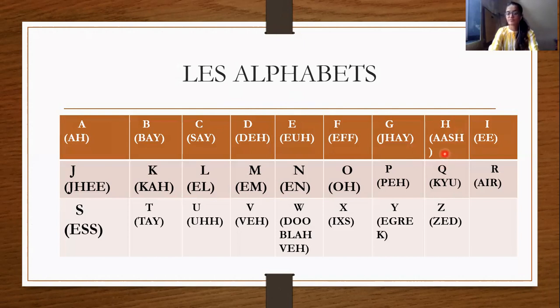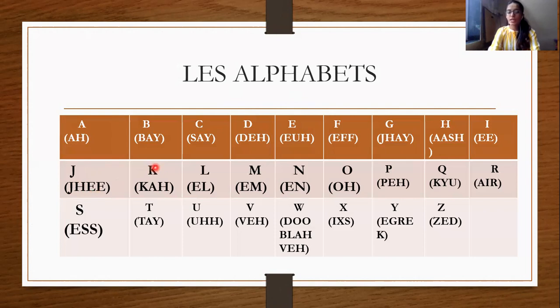Letter I is pronounced as E, like the English E. Now, as I told you, G is pronounced as J and J is pronounced as G. So over here, the letter J is pronounced as G.